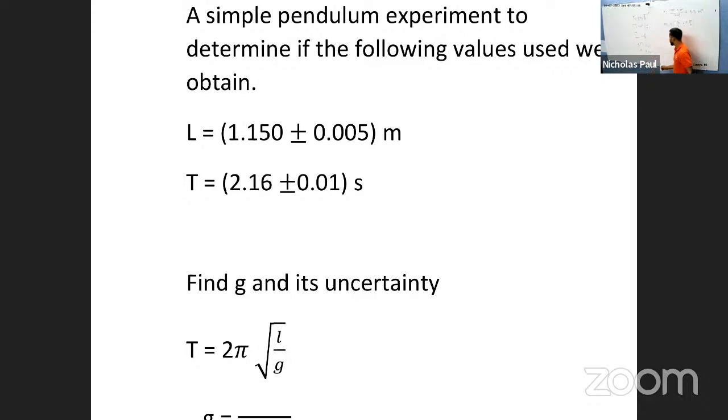So the error in T on T by 2 of that. Why 2, Shamish? Right? Because of this squared. Good.